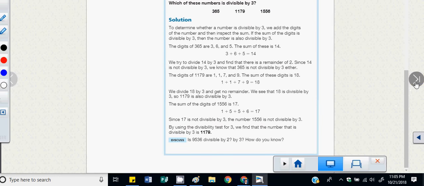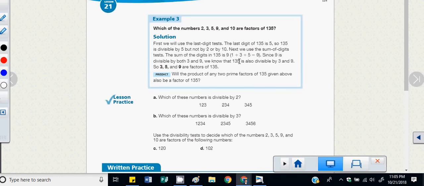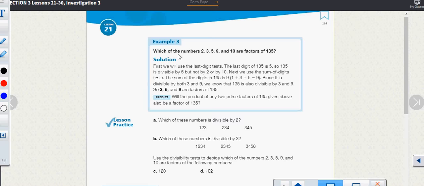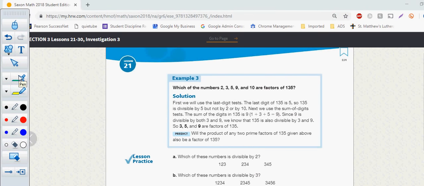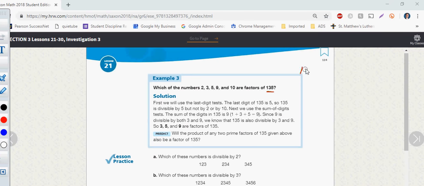Let's look at the divisible by 9 examples. 135, would that be divisible by 9? We separate it out and do the divisible by 3 and 9 test, which is the sum of digits test. Separate it as 1, 3, 5, add them up, what's the sum? 9.